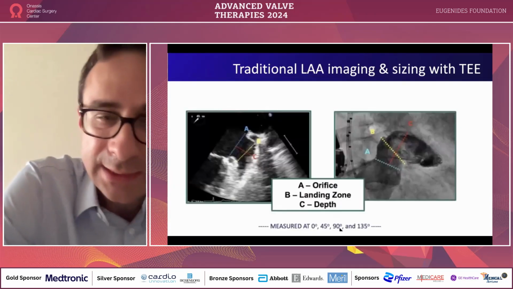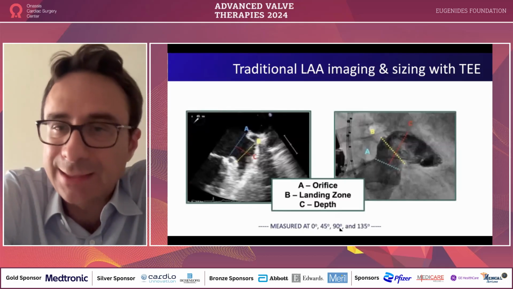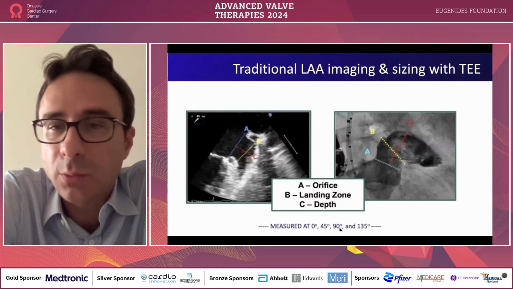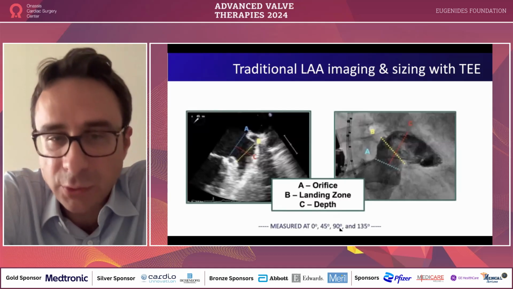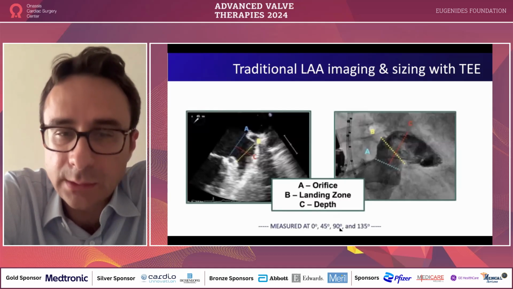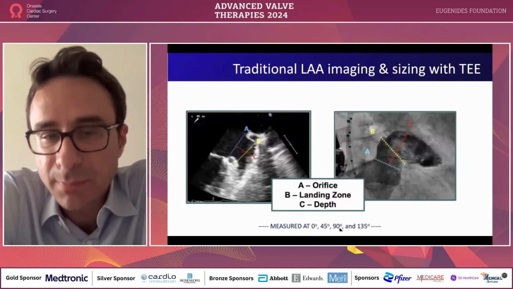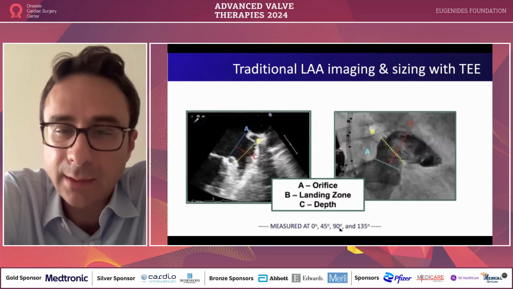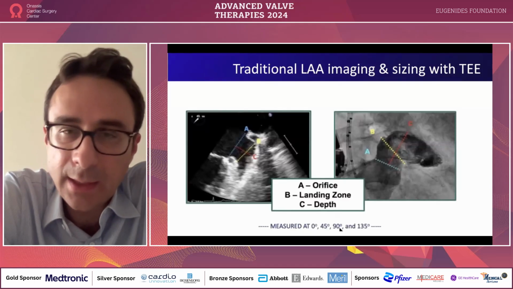Another crucial step in the pre-procedural planning is the sizing of our LAA structure. Actually, we need to take 3 main measures that are the ostium, the landing zone, and the depth. And these measures need to be taken at 0, 45, 90, and 135 degrees.